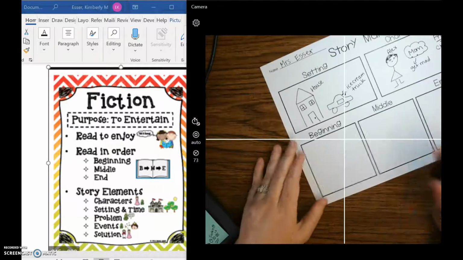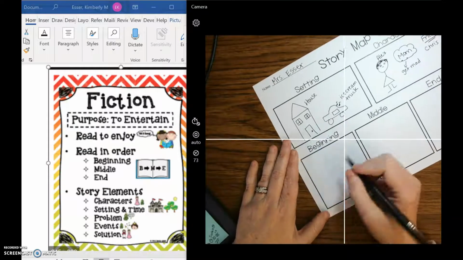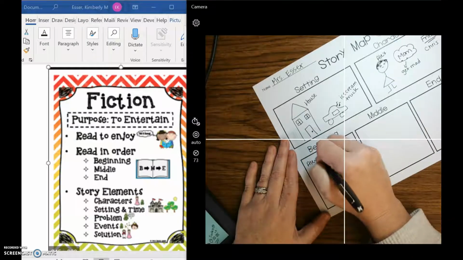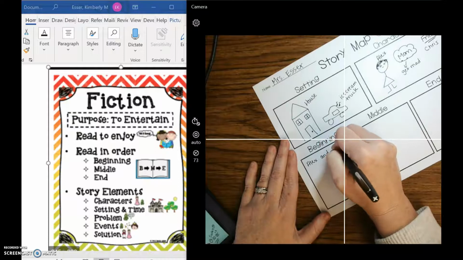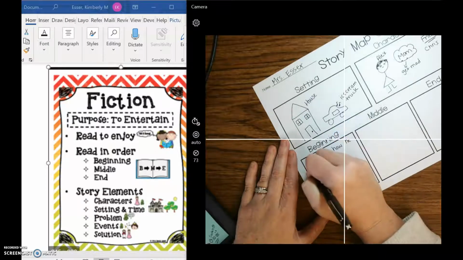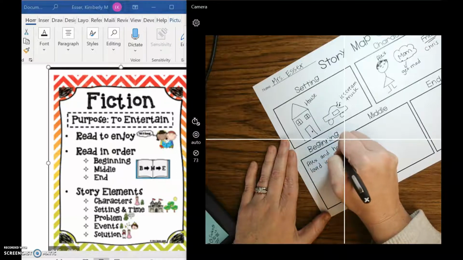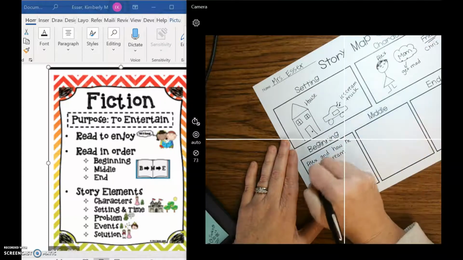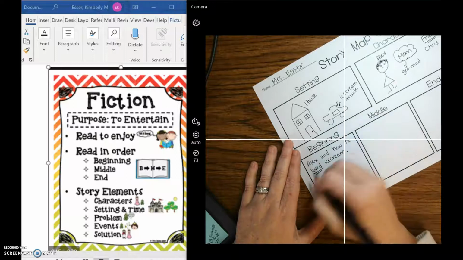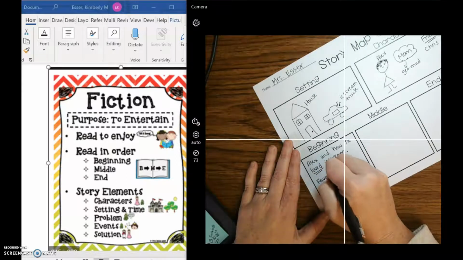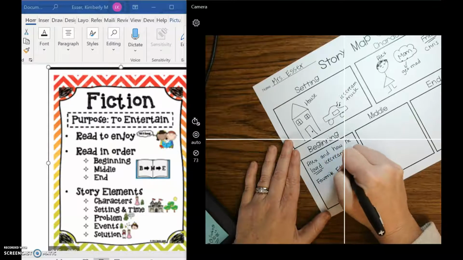Okay, so I'm going to have to do something in the beginning. I'm going to have to talk about Alex and how he loved ice cream. Okay, like loves it. And I might even say his favorite flavors, whatever those are.